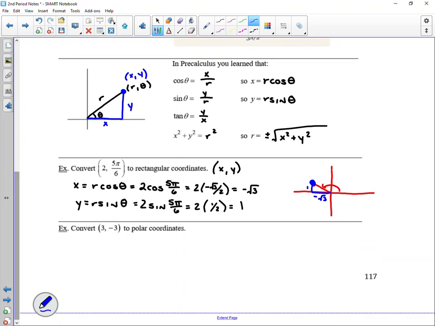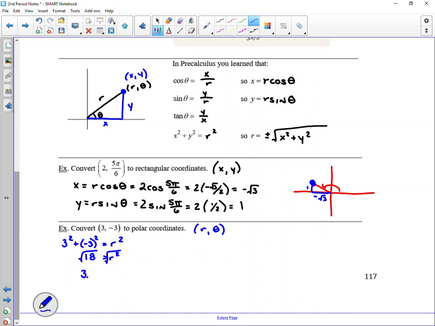3 comma negative 3, and we want to convert it to r and theta. So I'm going to use these two formulas. Tangent theta is y over x, and r equals plus or minus square root x squared plus y squared. So 3 squared plus negative 3 squared equals r squared. So we get 9 plus 9, which is 18. Square root both sides.